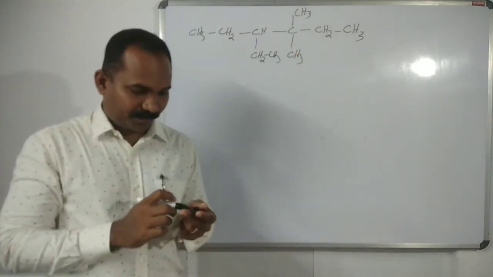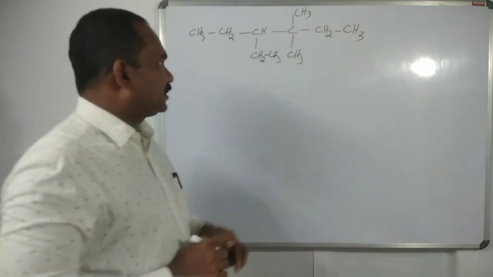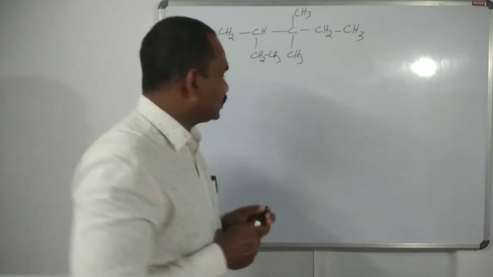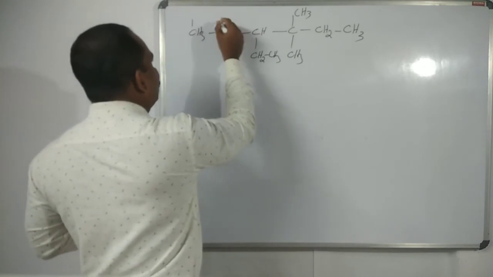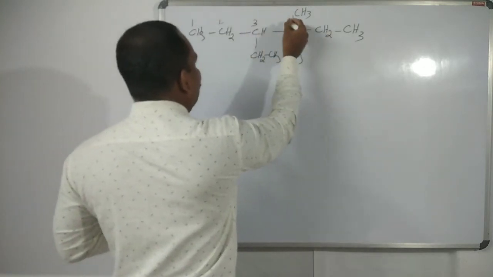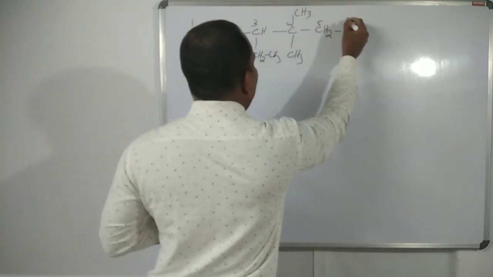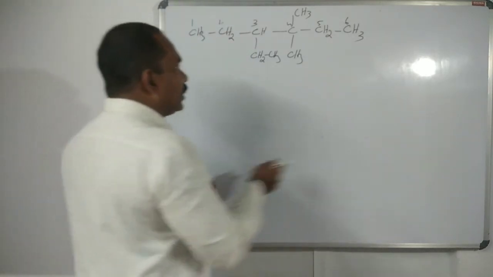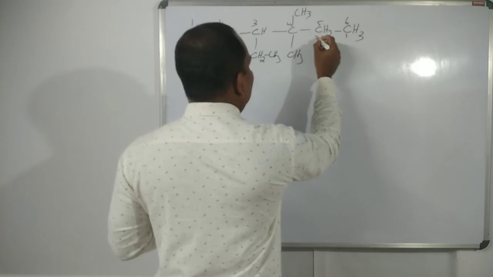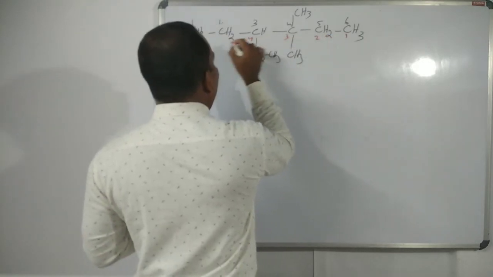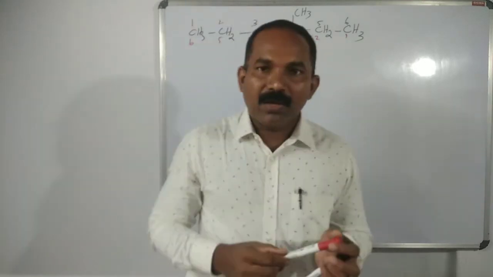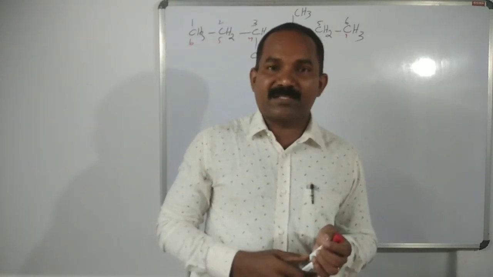Okay, this is an example. Let's number in both directions. 1, 2, 3, 4, 5, 6. And another numbering is 1, 2, 3, 4, 5, 6. Which numbering is correct? Let's check.